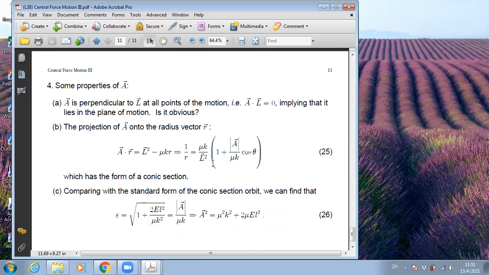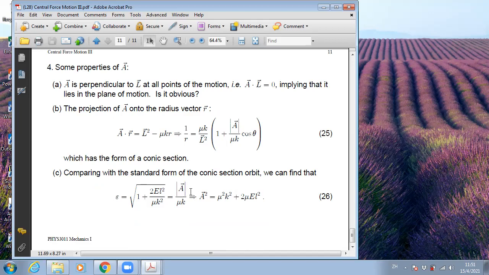And you can write it in a nice form like this: 1 over R equals mu K over L squared times (1 plus the magnitude of A divided by mu K, times cosine theta). Now, we compare with the standard conic section trajectory.